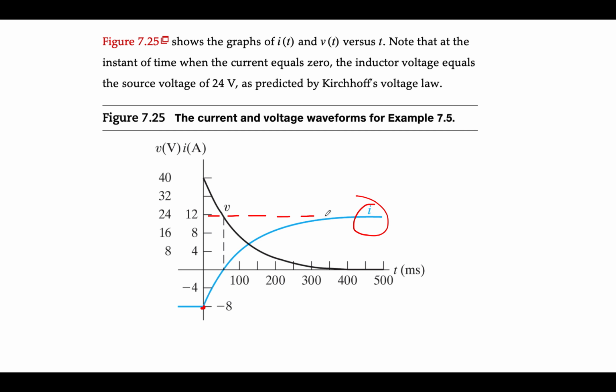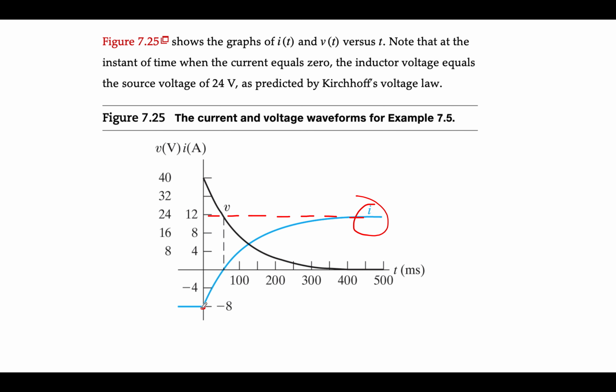You may remember when talking about the natural response, we always had exponential decay, and I mentioned that for every time constant you expect to be at 0.368 of where you were before.